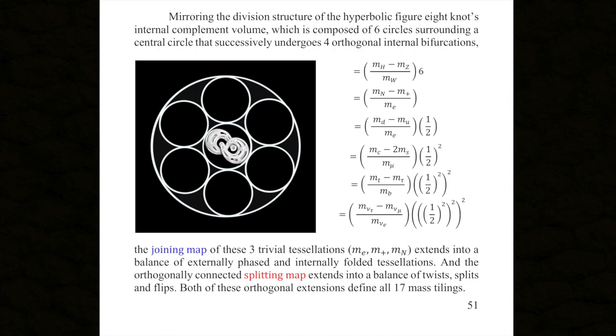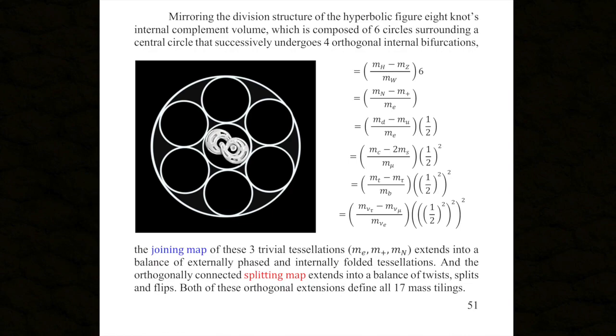Well, this mass boundary arrangement is also arranged under closed extensions determined by the internal construction of the hyperbolic figure-8 knot. Under that constructive arrangement, this balance naturally extends into a balance of externally phased and internally folded tessellations.